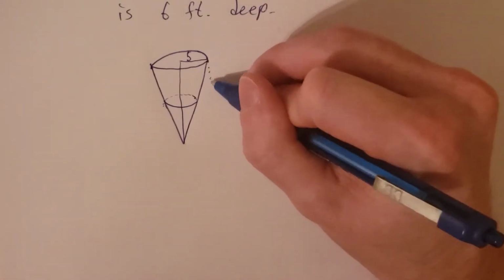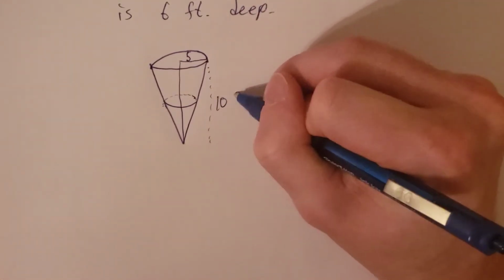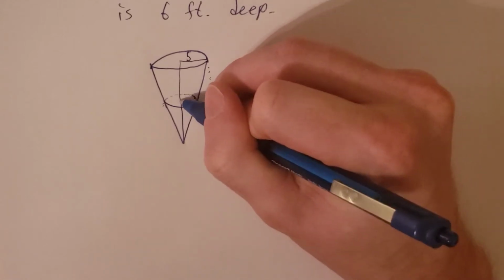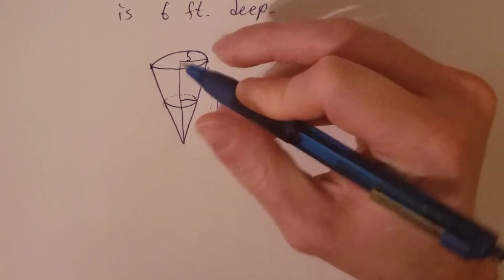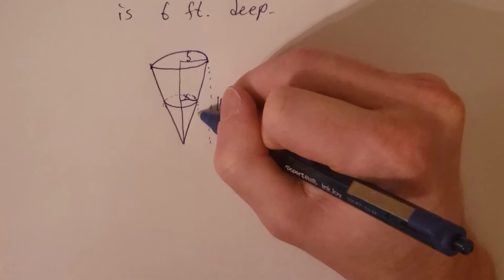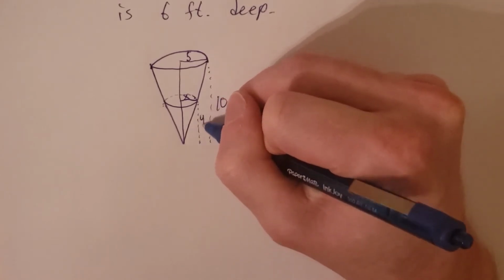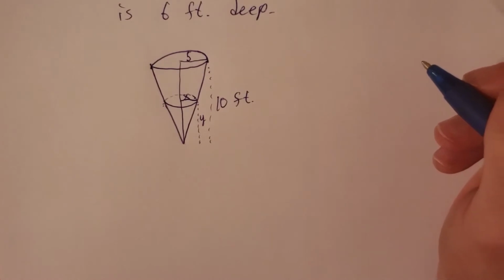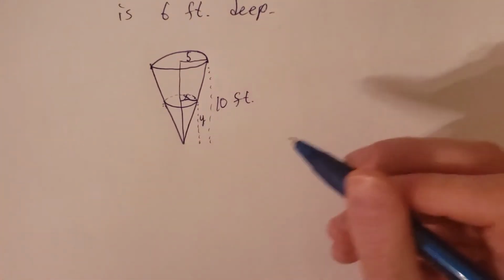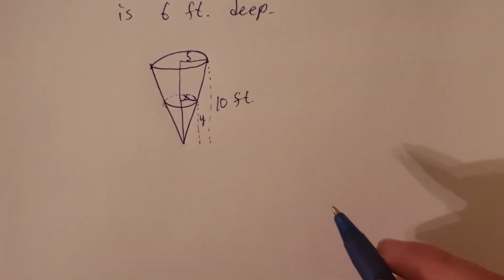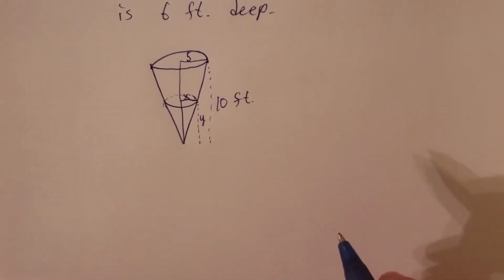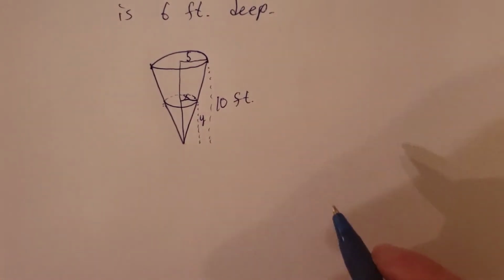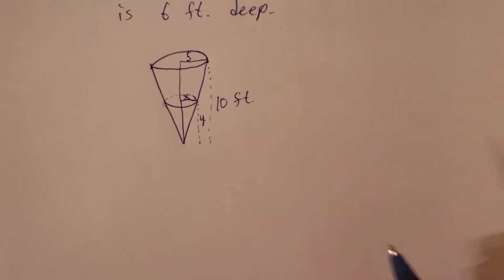We have a total height of 10 feet. This radius here is x. Our height is a variable that's changing, which is y. And currently that is 6 feet, but we also just want to write the variable y here because that's changing. Anything that's changing is something that we will want to have as a variable.